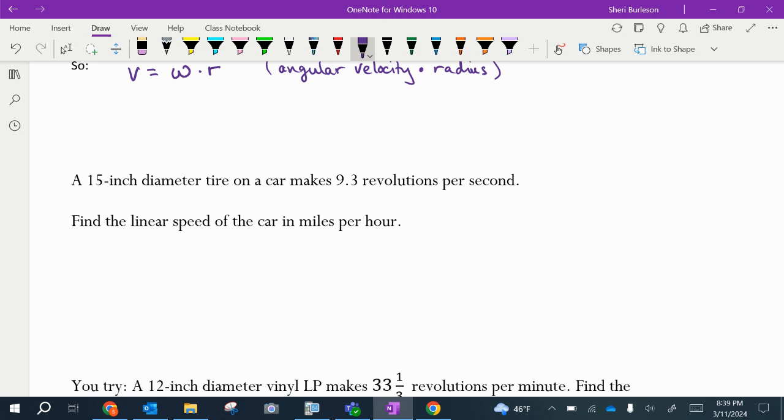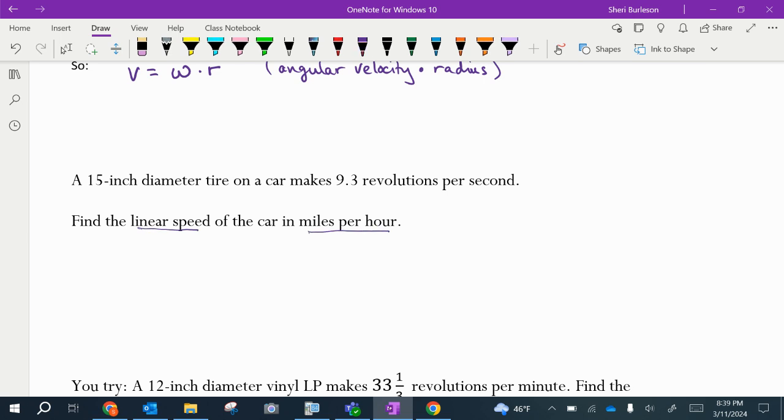So here's the same problem again, only this time we are going to need the length of the diameter to be able to find our linear velocity. So again, I have this 15-inch diameter tire on a car and it's making 9.3 revolutions per second. Now I want to find the linear speed in miles per hour.